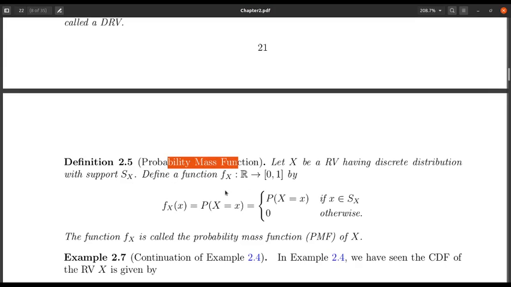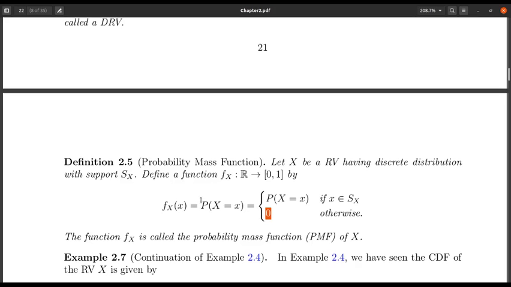We define this probability mass function only for a discrete random variable. So if I have a discrete random variable X, the probability mass function is defined by f at the point small x, which is the probability that X equals x, and which can be written in two parts. If x belongs to Sx, it is the probability that X equals x. If x does not belong to Sx, the probability is 0.